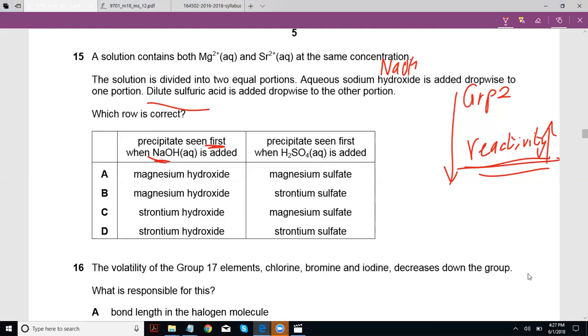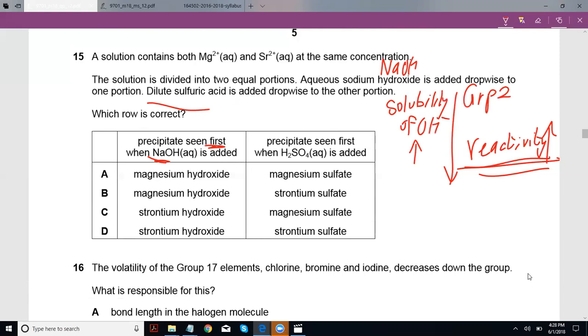Yeah, sort of like the qualitative analysis notes you have in your practicals, right? So you're forming precipitates with sodium hydroxide solution. And so which precipitate? But down group 2, the solubility of hydroxides increases.